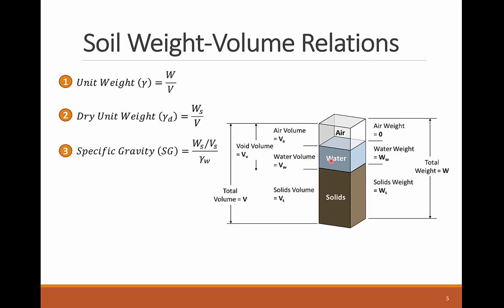The third relation models the specific gravity of the soil, which is the dimensionless value as the ratio between the solids density and the water density.